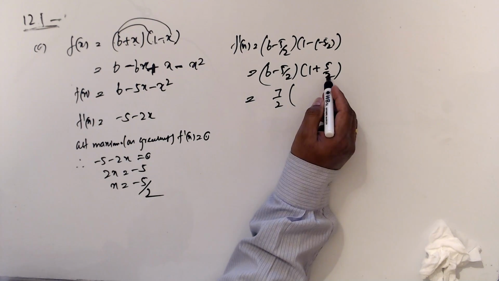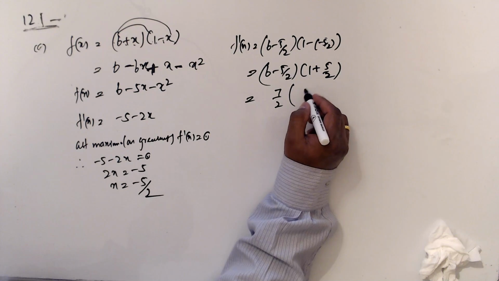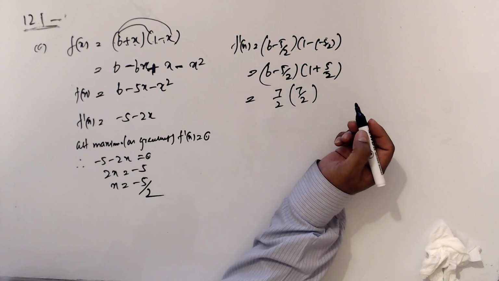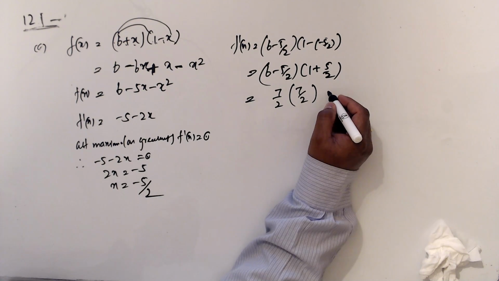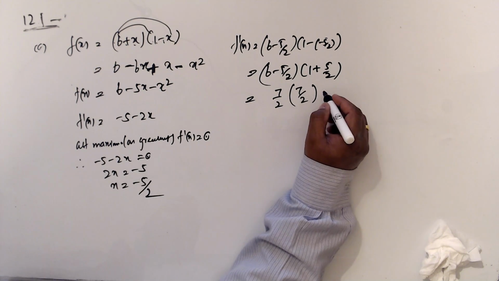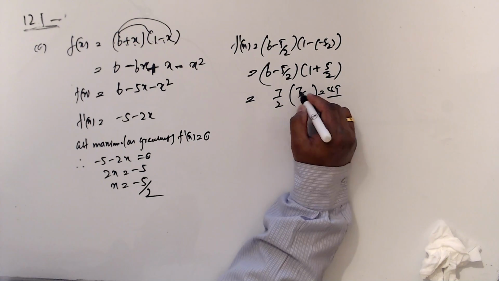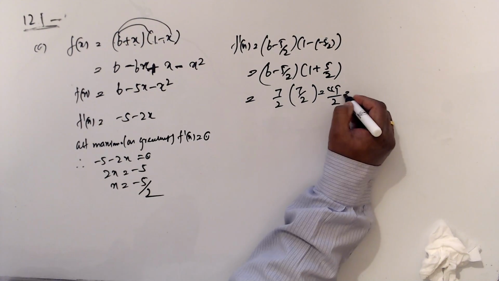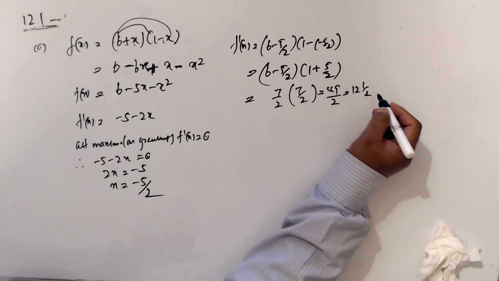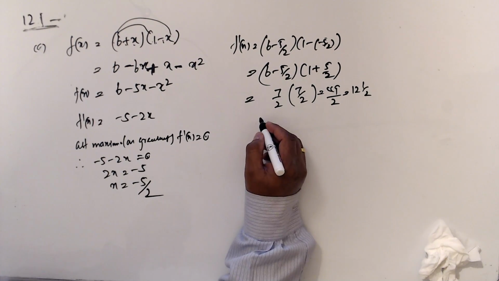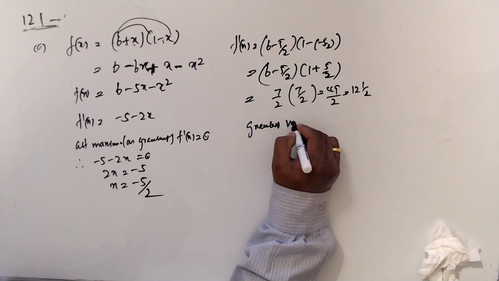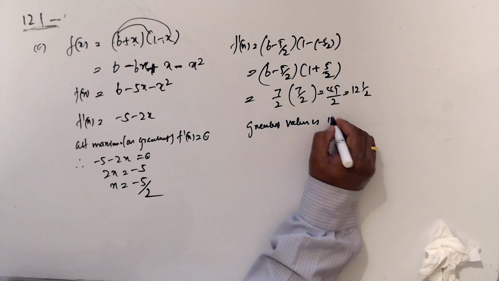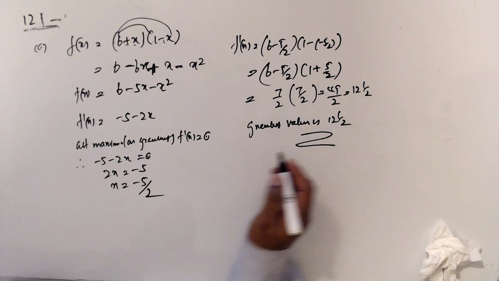This is also 7 over 2. It means 49 over 7 times 2, or 12 and a half. So the greatest value is 12 and a half.